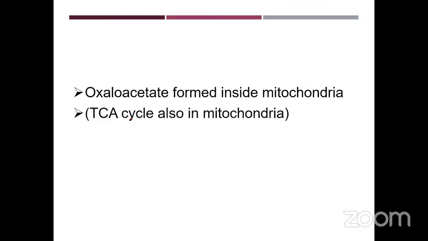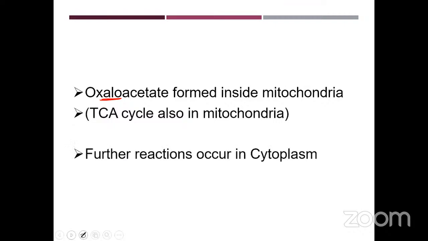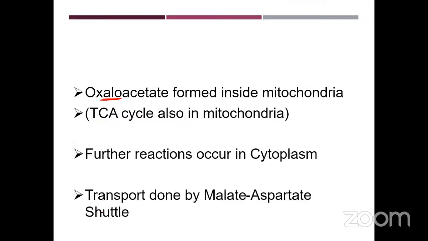But unluckily, oxaloacetate is not permeable to the mitochondrial membrane, so we need a shuttle, called the malate aspartate shuttle.